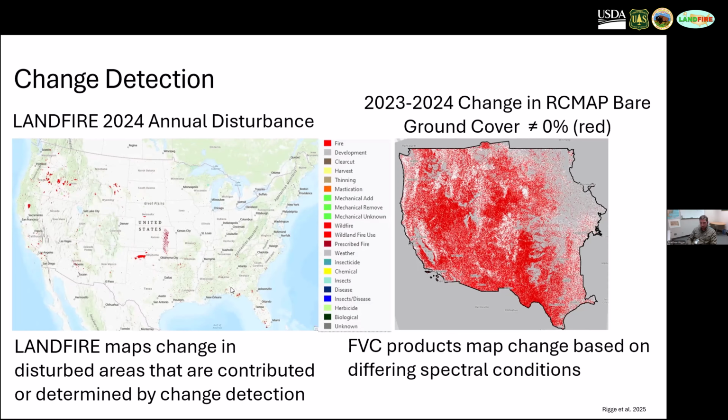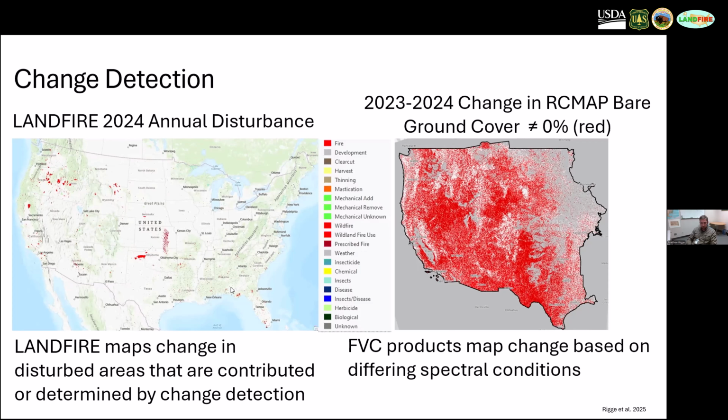LANDFIRE puts together a database and I think releases this annual disturbance product as well. So the 2024 products from LANDFIRE will only be different from the 2023 products in the footprint of these annual disturbance events.